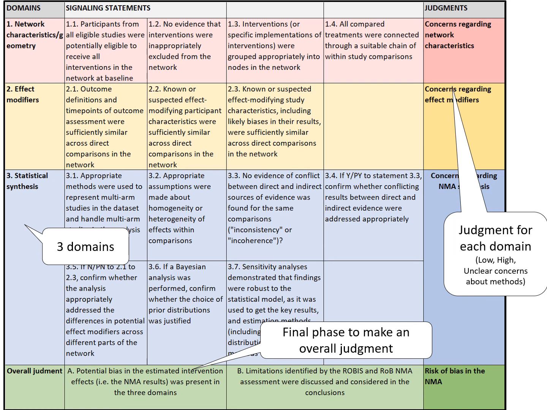Domain 1 contains 4 signaling statements, domain 2 contains 3 signaling statements in yellow, and domain 3 in blue has 7 signaling statements. After answering the signaling statements in each domain, the assessor then answers 2 overall judgment statements, seen here in green, and finally makes an overall judgment of low, high, or unclear risk.